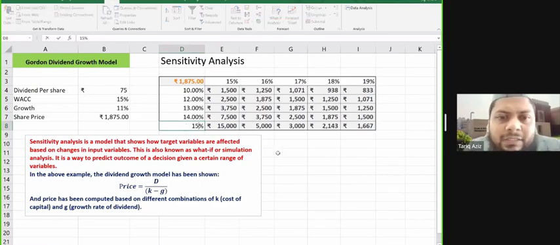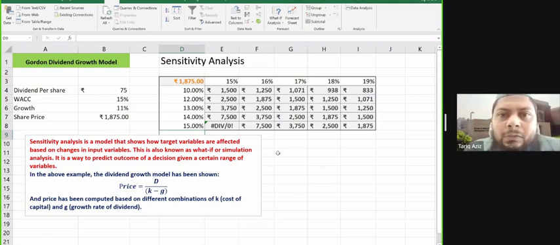So let me try some different values also. So say for example, if I type here 15, the value is not coming out because the 15% growth rate is there, weighted average cost of capital is also 15%. So the denominator will become 0. So it is showing an error, and the error is divided by 0. So divided by 0 is a problem. So it will not calculate.